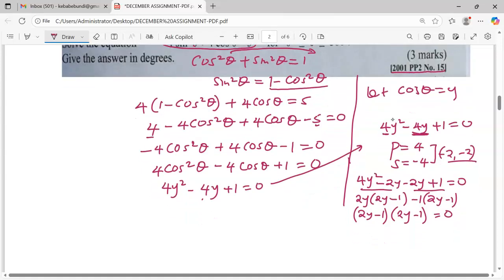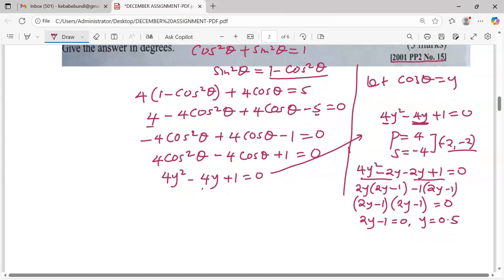Having done that, remember the two brackets are the same, meaning 2y minus 1 is equal to 0. y is going to be equal to 0.5. That is, if you move minus 1 to the other side, it becomes a positive. Then you divide by 2 on both sides, and you get the value of y.